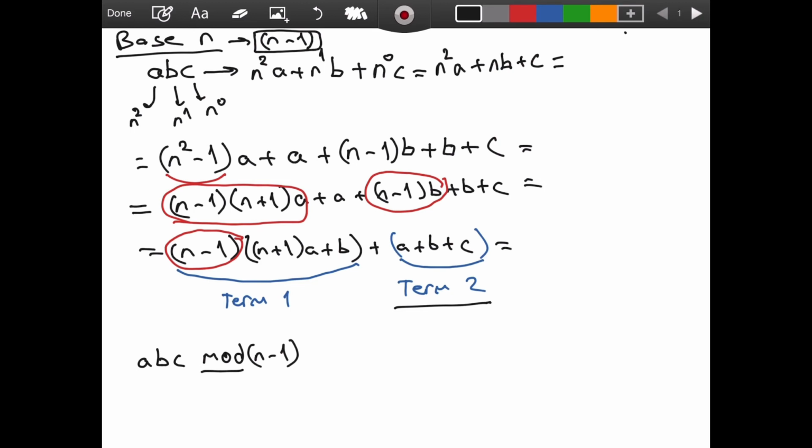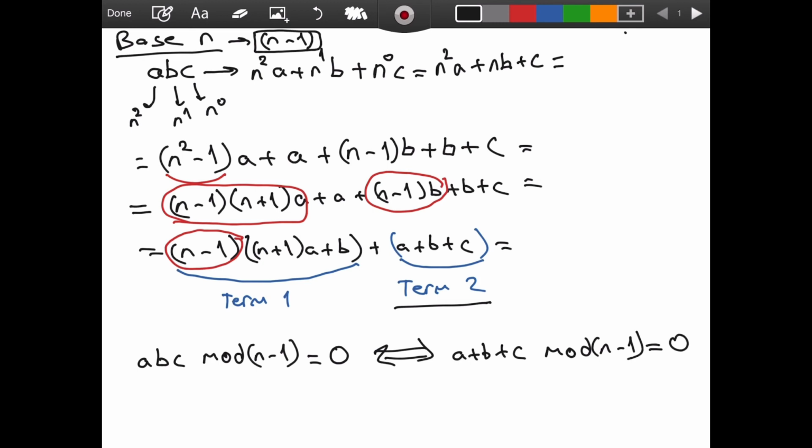So for ABC mod n minus 1 to be equal to 0, in other words, for ABC to be divisible by n minus 1, this is possible if and only if the modulo of a plus b plus c by n minus 1 is equal to 0.